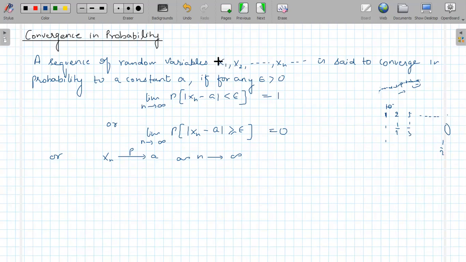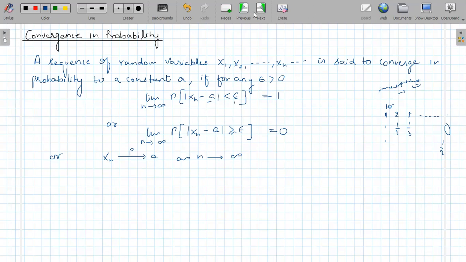You can take this random variable as denoting the number of successes, and a is any constant number, and the difference between x and a as n approaches infinity will be less than epsilon if actually the sequence is converging to this number.